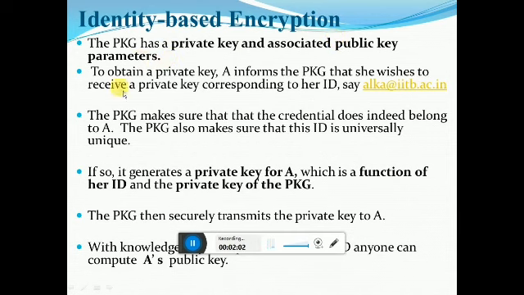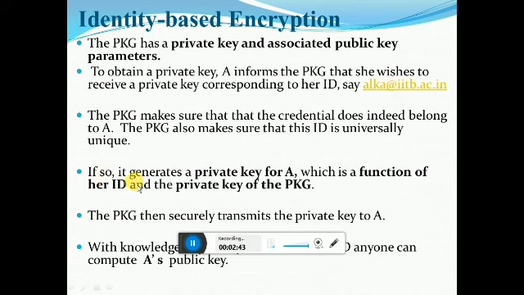To obtain the private key, party A informs the private key generator that he or she wishes to receive a private key corresponding to her email ID, say alka@iitb.ac.in. The PKG makes sure that the credentials do indeed belong to party A. The PKG also makes sure that this ID is universally unique, so nobody else has the same ID.